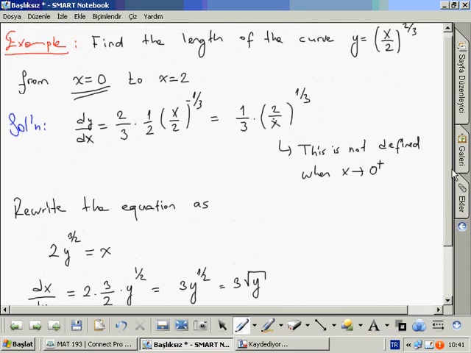If x equals 0 to x equals 2, then y equals 0 to y equals 1.